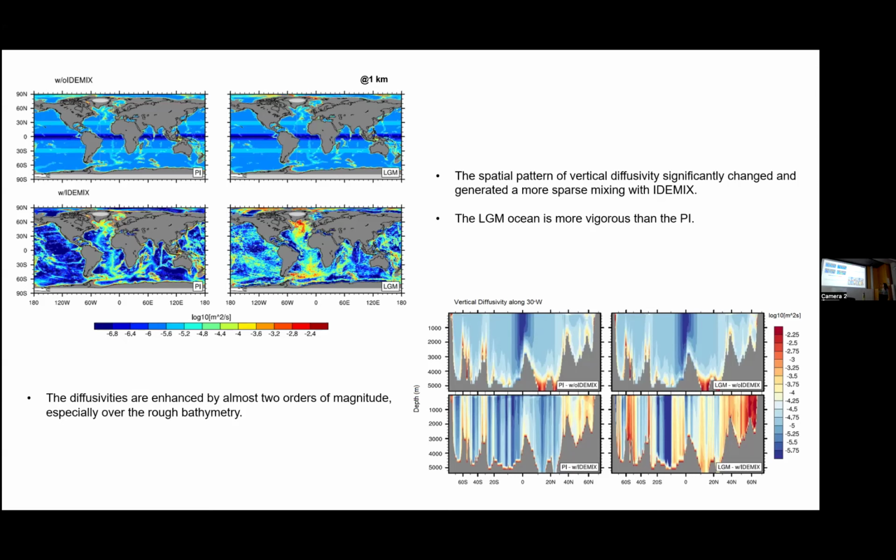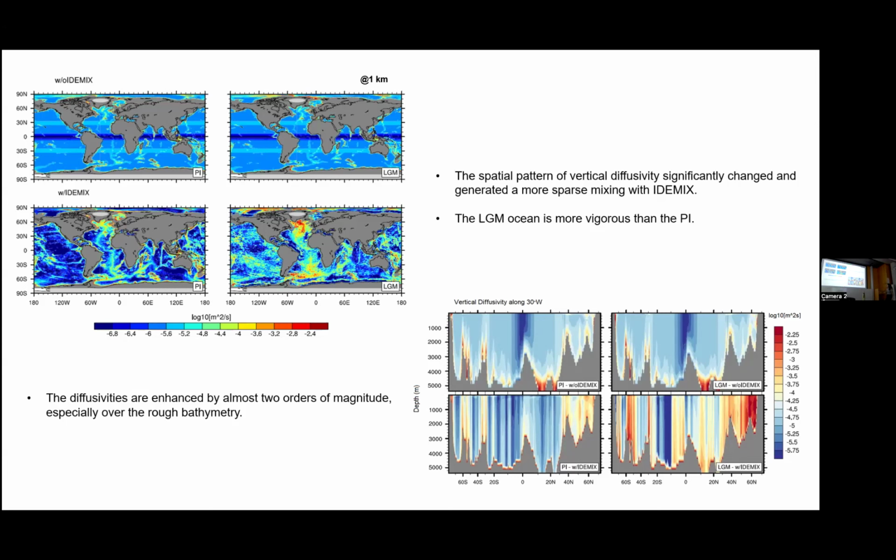And here, once again, the upper row shows the cases without IDEMIX, PI and LGM, and here with IDEMIX, PI and LGM. The first thing that we see is that when we add IDEMIX to the system, it immediately maximizes the vertical diffusivity right over the top of the bathymetry, and this is a rough bathymetry.